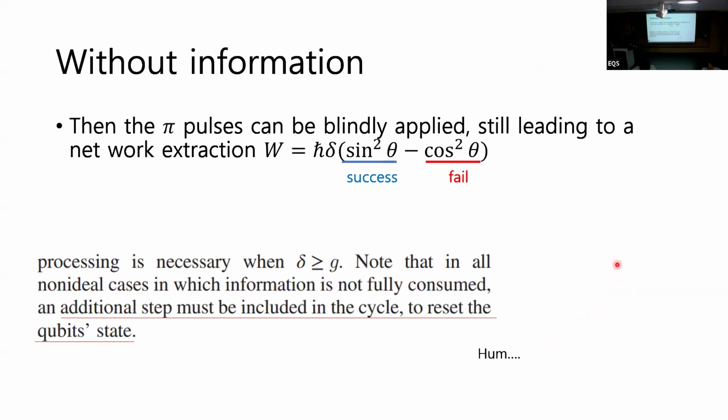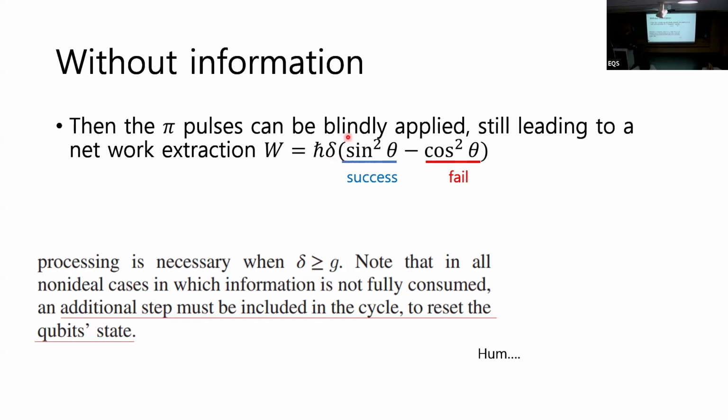And we can see what happens if this engine operates without utilizing the information. Then the pi pulses can be blindly applied, even if the state is the 1-0 state, still leading to a net work extraction.